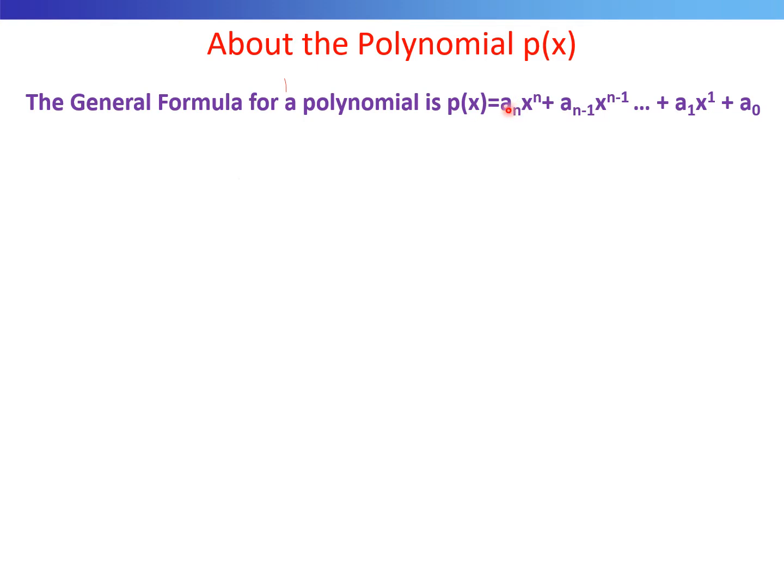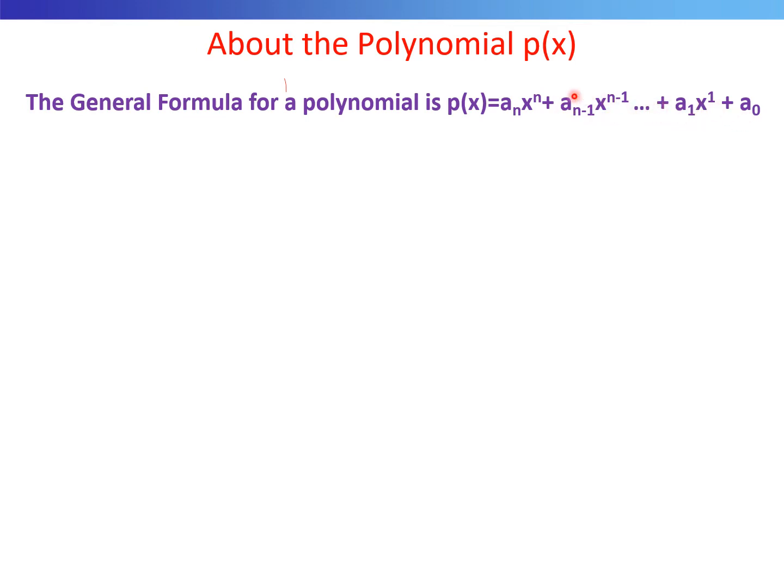A polynomial doesn't have to have n plus 1 terms. A polynomial could have just one term or no terms. When the polynomial has no terms, it will be p of x equal to 0. When the polynomial has one term, it will be p of x equal to a sub n x to the power n. In this case, a sub n minus 1 is equal to 0 all the way until a sub 1 equal to 0 and a sub 0 equal to 0.